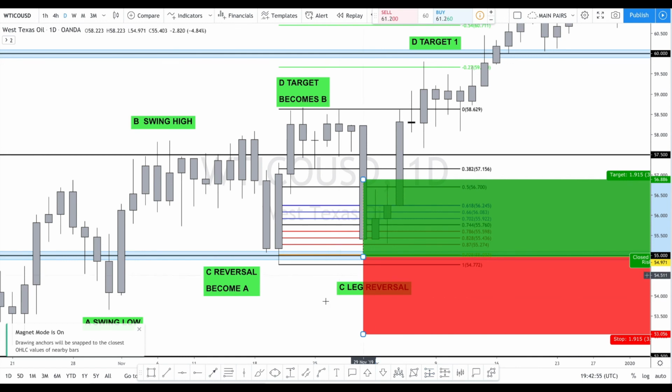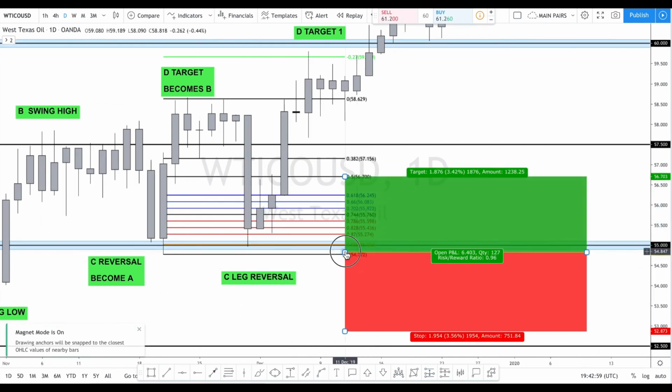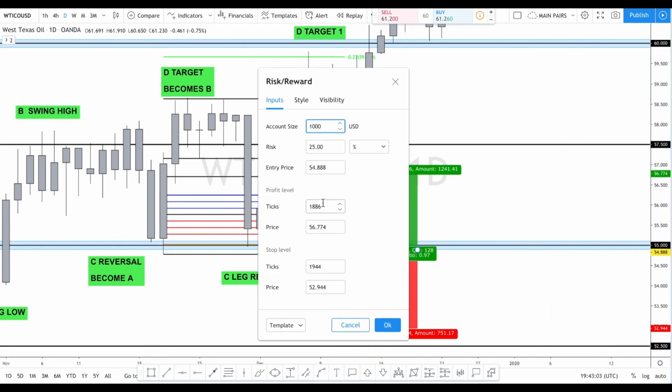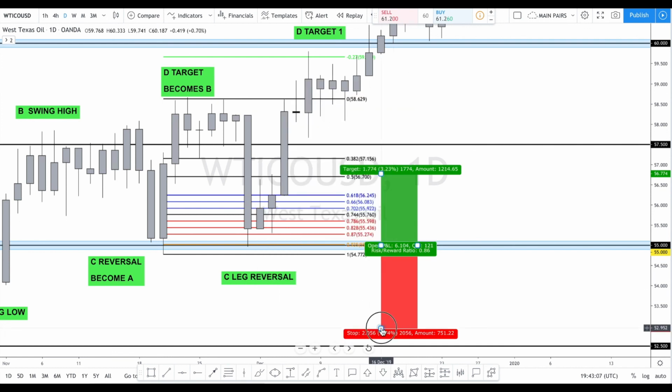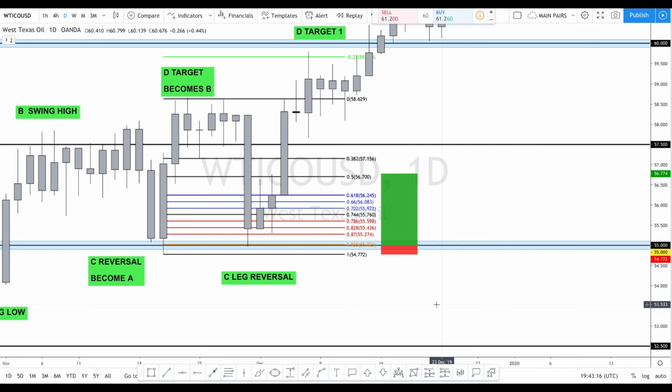If you went long at 93.5, your trade setup is still valid, and that's what you need to understand. The closer price gets to your invalidation, the better. Your entry point is at 55. Your stop loss needs to be 54,772. That's if you want to be very precise.